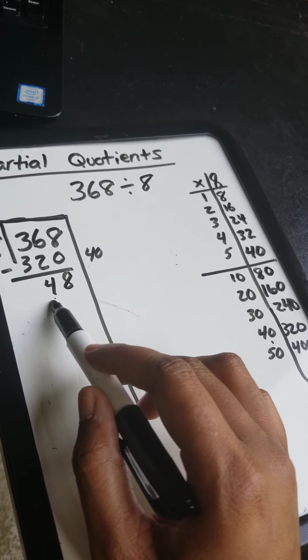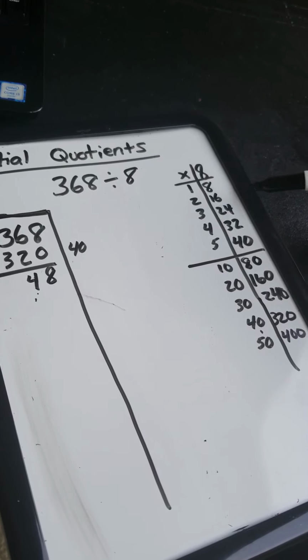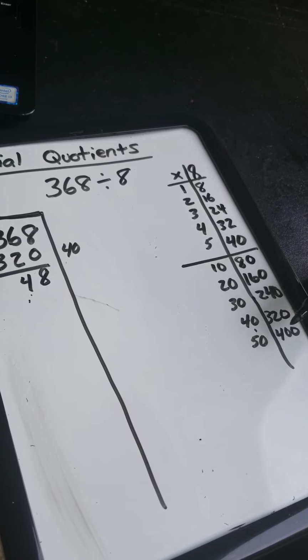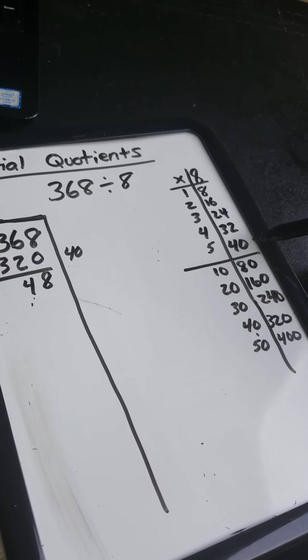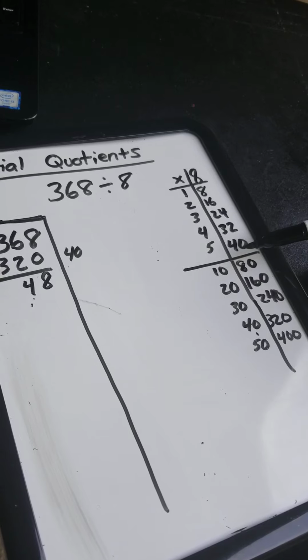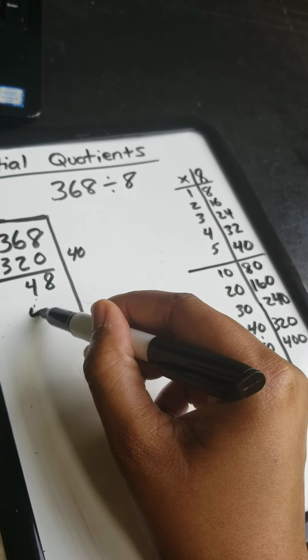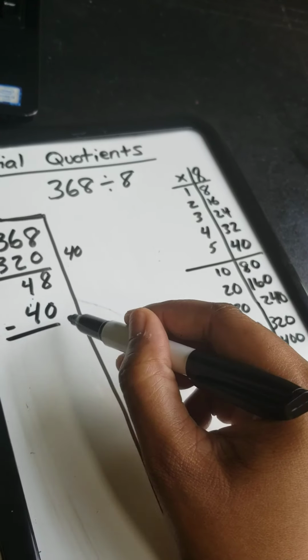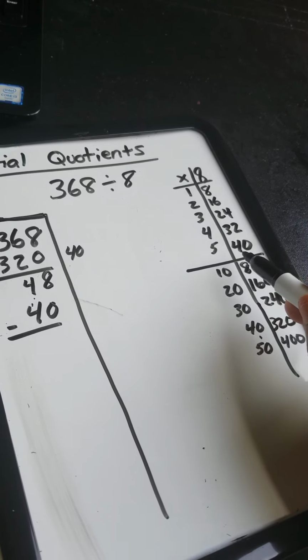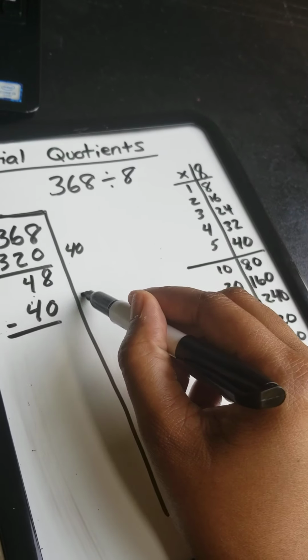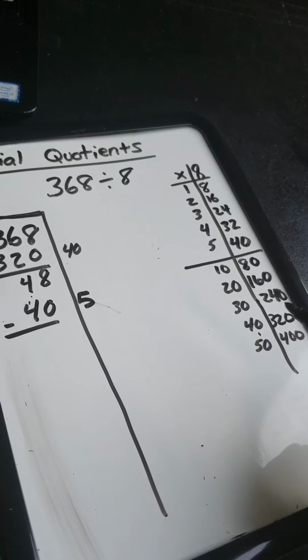I don't have anything that's 48 on my T-chart. But I do have 40. My partial quotient for 40 is 5.